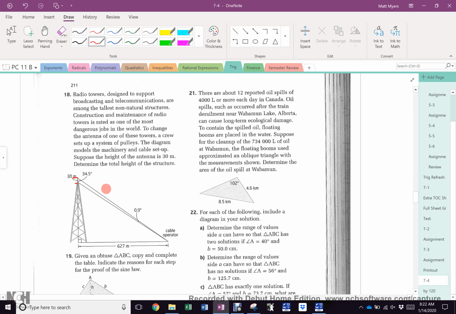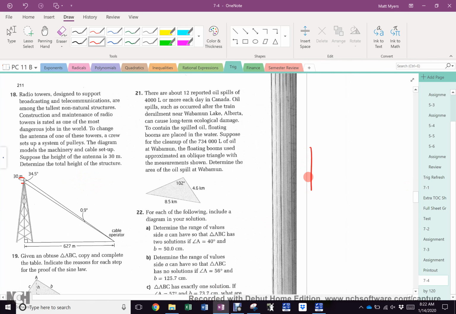So I have this triangle, 30, 0.9 degrees, and 34.5, right? And I want the height of the entire structure.